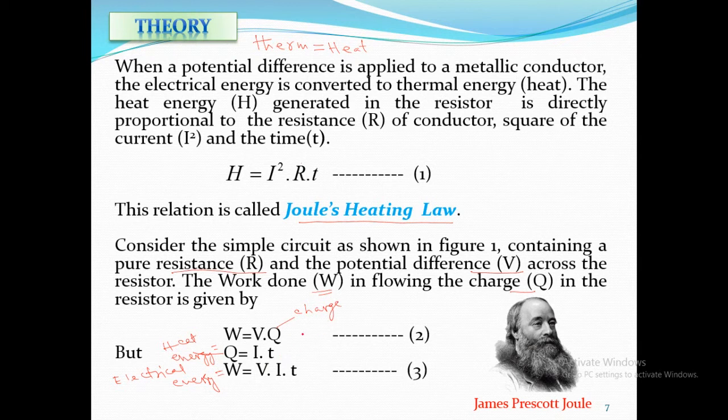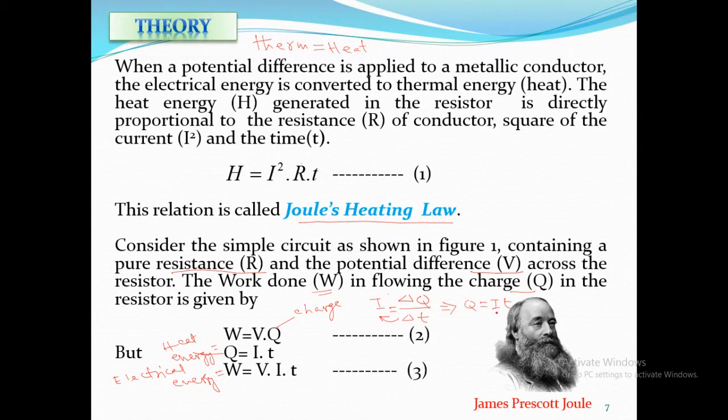Okay, so work done is equal to V, the potential difference, multiplied by the charge, and we know that the flow of the charges through some conductor in time delta t is called I. If I take this time on the left side, you would get Q, or delta Q, is equal to I t.